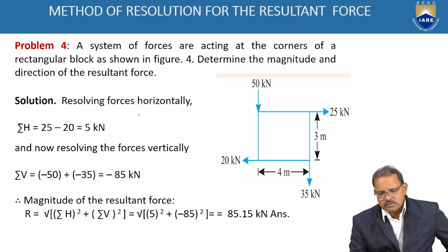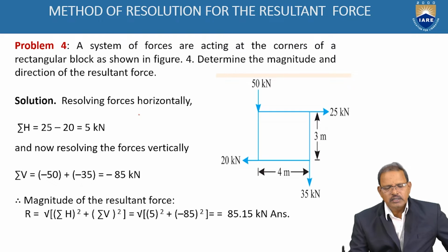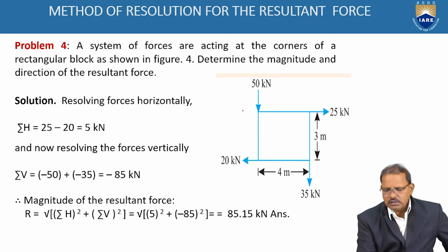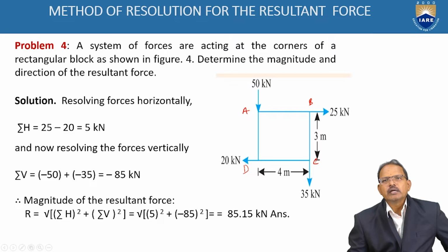Now, in this problem, I am taking a system of forces acting on the corners of a rectangular block as shown in the figure. Determine the magnitude and direction of the resultant force. Here the rectangle is represented with corners A, B, C and D. Four forces are acting on it as shown.